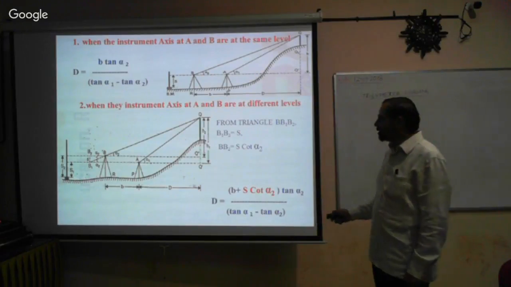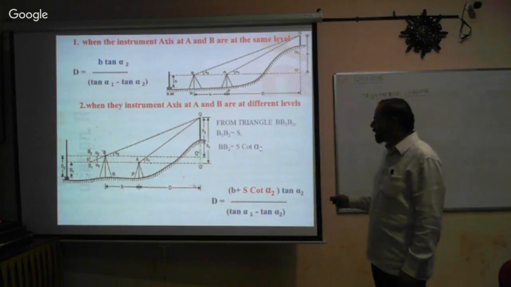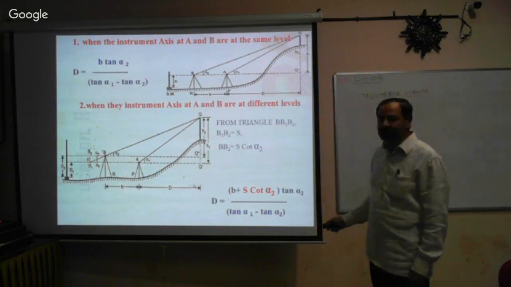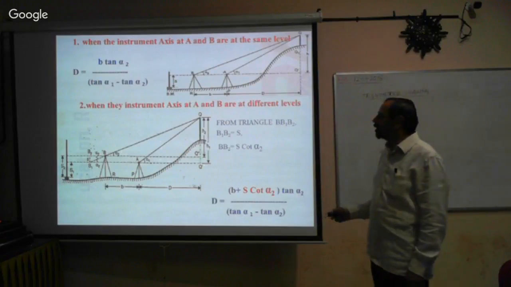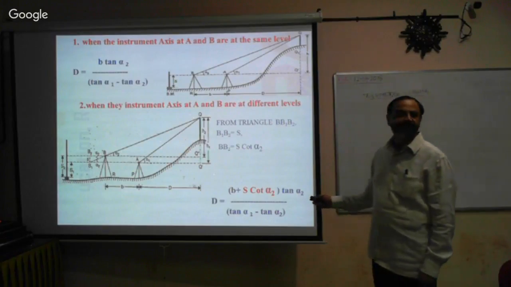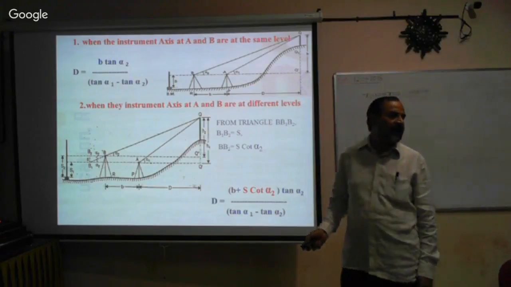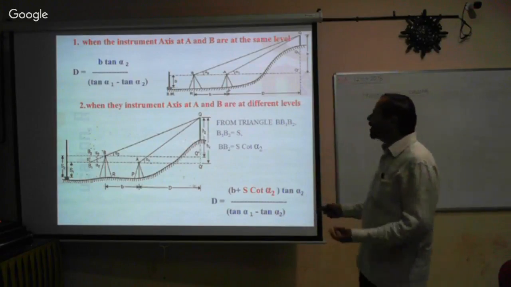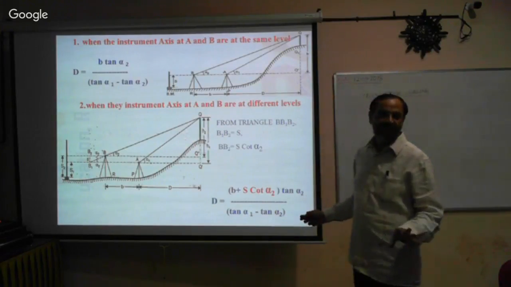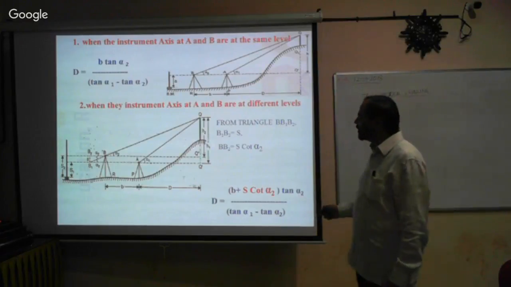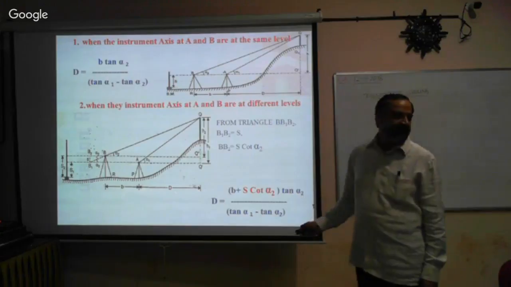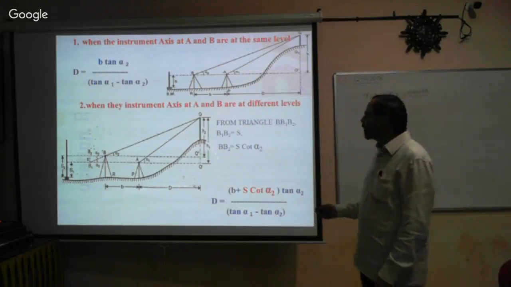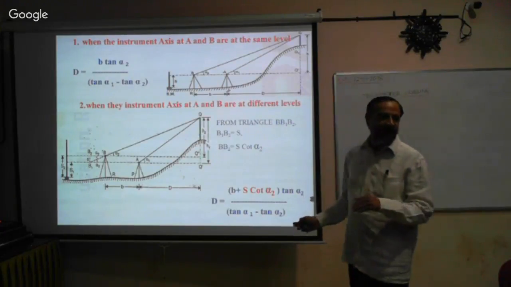Now S is known, cot alpha 2 is known, B is also known, alpha 1 is known, alpha 2 is known. Now easily we can calculate H1, isn't it? Now you substitute this for H1, so D can be calculated, and H1 and H2 can also be calculated, isn't it?